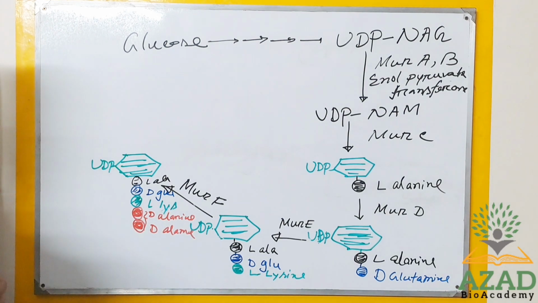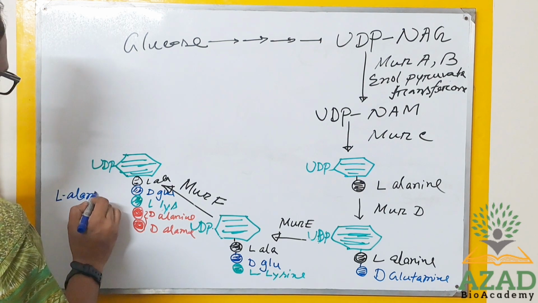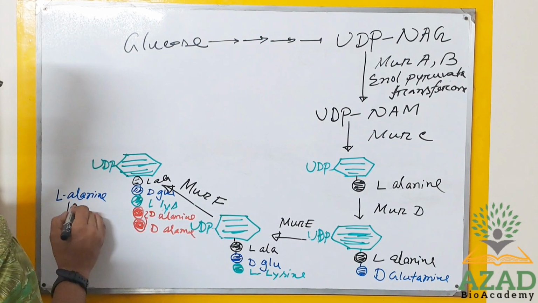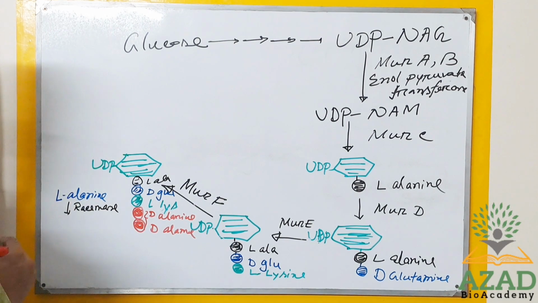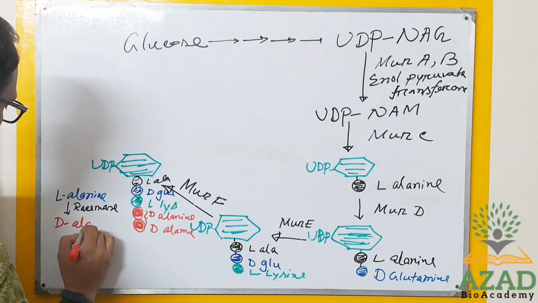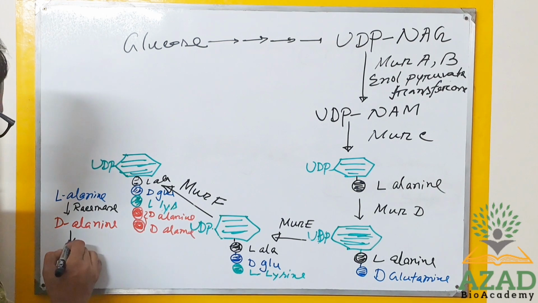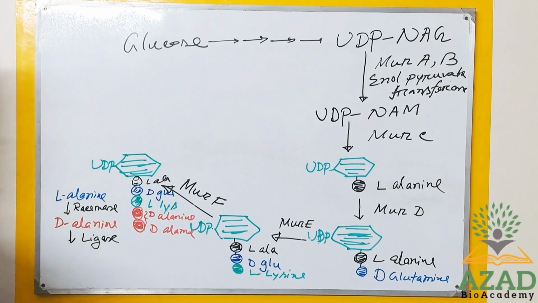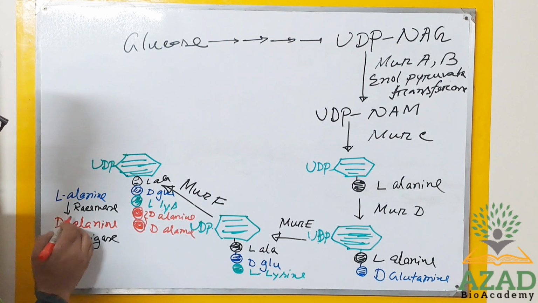Firstly you can take L-alanine. Then an enzyme will work here, that is racemase, and it will turn into D-alanine. And another enzyme will work here, that is ligase. Then what will happen? Another D-alanine will attach here with that D-alanine.